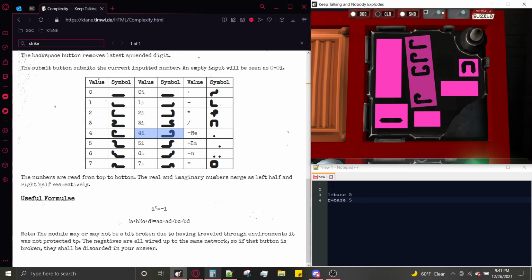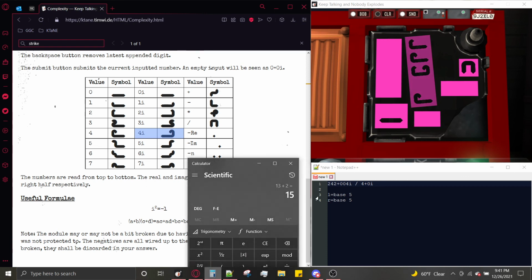Okay, so let's convert this into base 10. We have 2, 4, 2 plus 0, 0, 4i divided by 4 and 0, 0i.